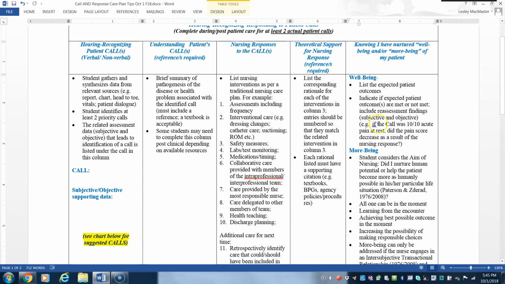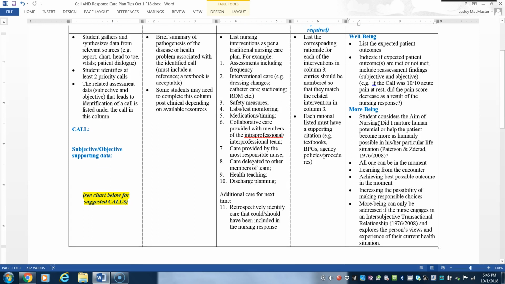More-being is really the new piece for students, I think. Well, it's all new, but more-being relates to Paterson and Zderad's theory, specifically that the aim of nursing, from the perspective of the nurse, is nurturing human potential.